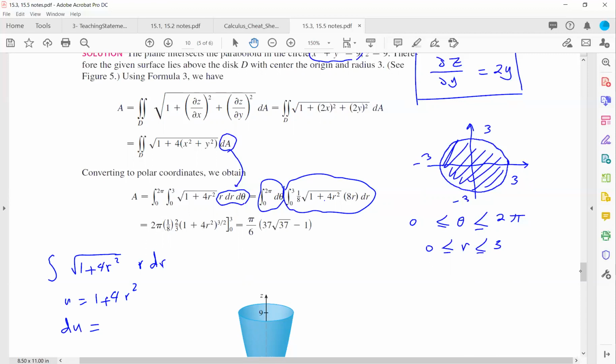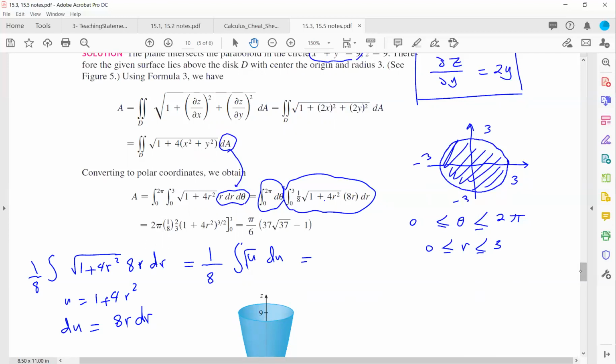Du is equal to 8r dr. So r dr is missing 1/8. You multiply your integral by 1/8 and 8. So here you have 1/8 integral square root of u du. And this is inside the bracket.